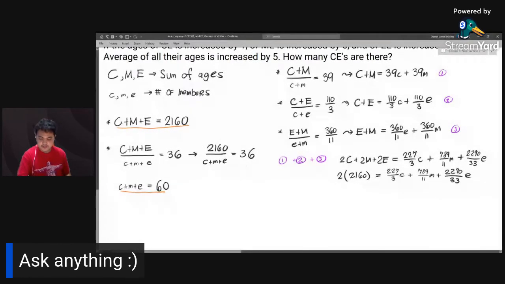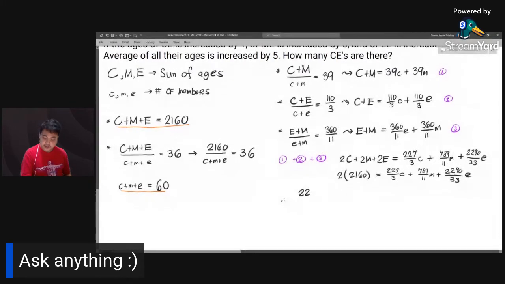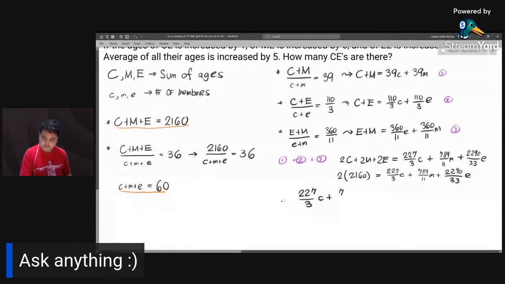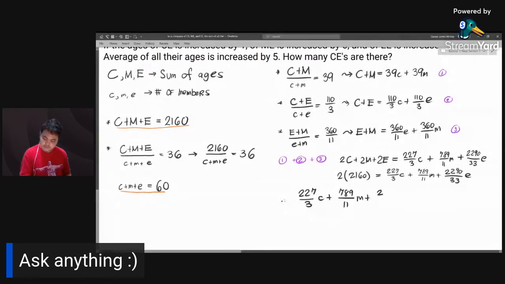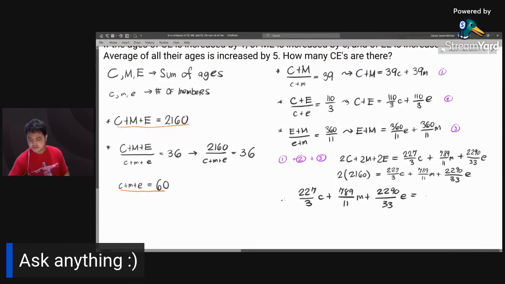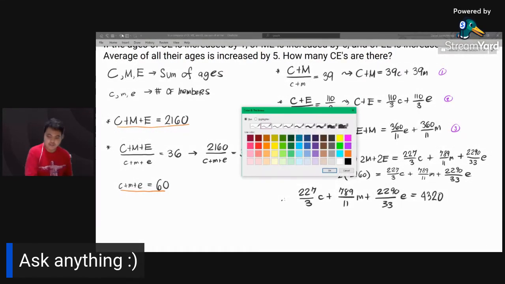Okay, so therefore, our second equation, third equation na pala to. Two times 2,160. I think this is 4,320. Yan. So that's the third equation.